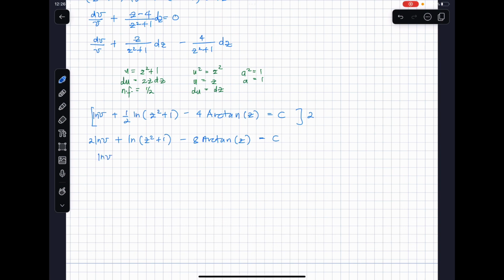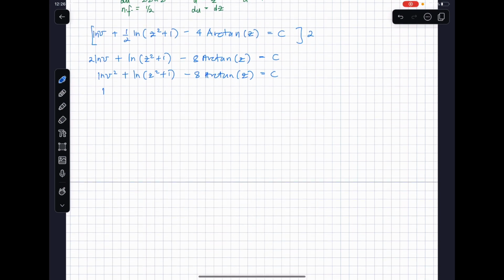So this is ln v squared plus ln of z squared plus 1 minus 8 arctangent of z is equal to c. Then we can combine the two as ln of v squared times z squared plus 1, minus 8 arctangent of z is equal to c.